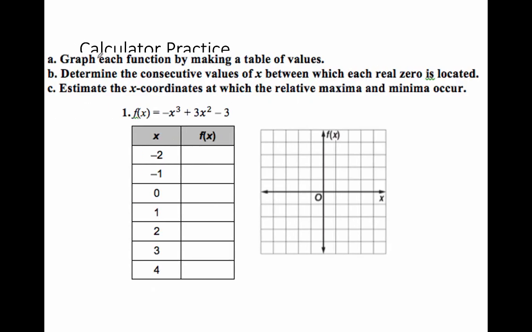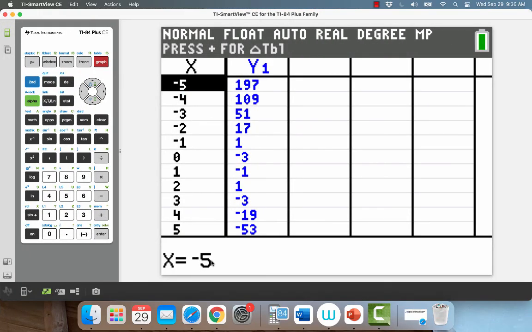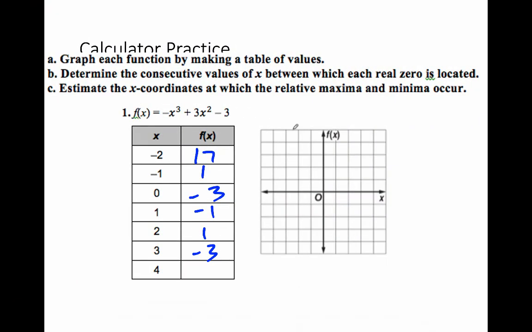Okay, so let's fill those in, and then we'll go from there. Negative 2, 17, 1, 1, 0, negative 3, 1, negative 1, 2, 1, 3, negative 3, and 4 was negative 19, so we are fine there.